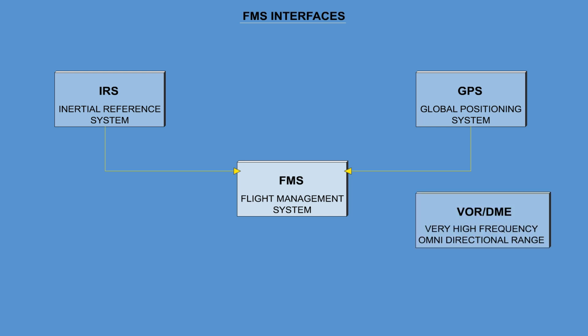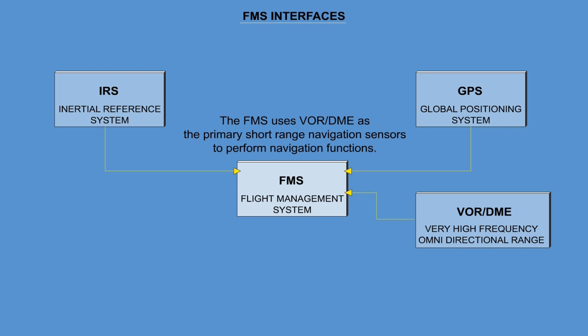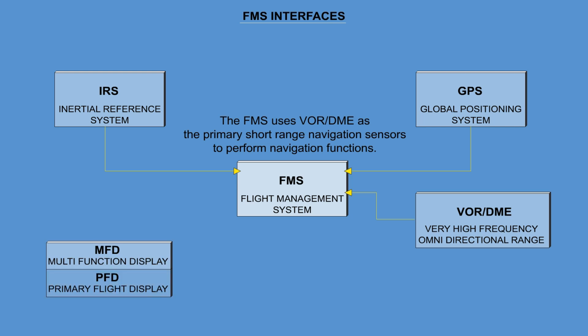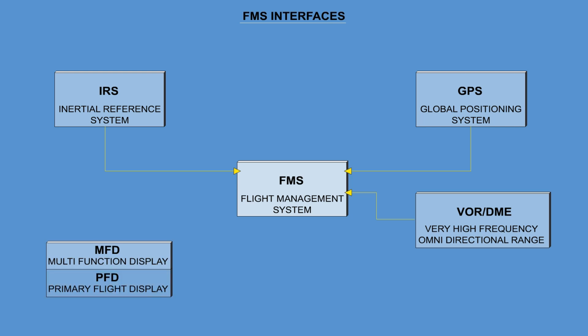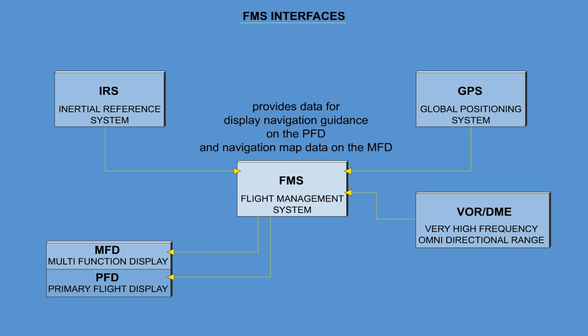VOR-DME. The FMS uses VOR-DME as the primary short-range navigation sensors to perform navigation functions, whereas INS and GPS are used as a secondary source. MFD and PFD. The FMS provides data for display navigation guidance on the PFD and navigation map data on the MFD.